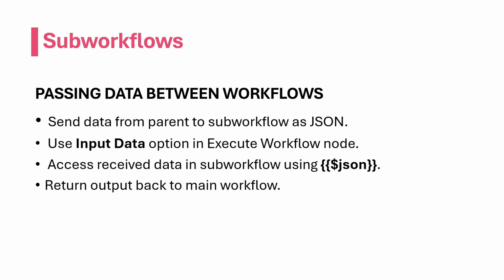And instead of JSON, you can write your own code, whatever you want as an output, as per your conditions and criteria. When the sub workflow finishes, it can return its output back to the parent workflow, making data exchange smooth and dynamic.